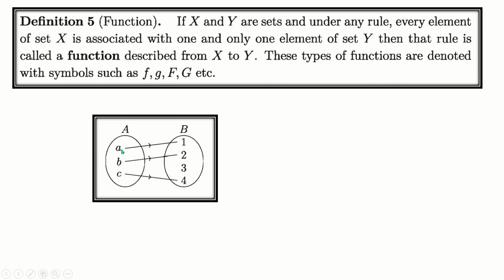Every element of the set A, that means a, b, c, corresponds to a unique element of the set B. That means a corresponds to only one element of the set B. a corresponds to 1, b corresponds to 2, c corresponds to 4. That means a unique element. But c cannot connect to all the elements of the set B at a time. That means c connects 4, c connects 3, c connects 2, c connects 1. It is not possible. Clear?